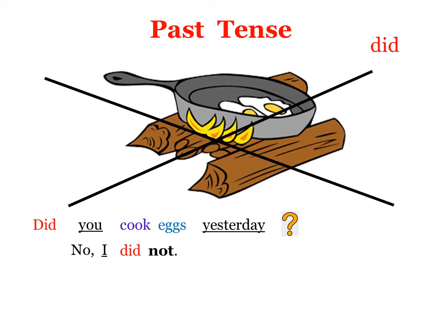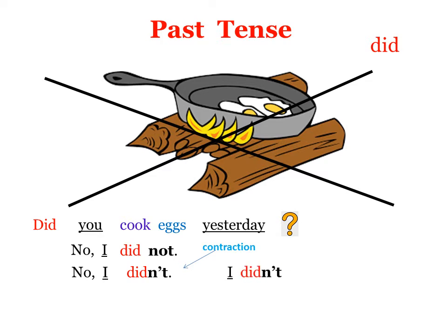Once again, we can use a contraction. We take two words, like did not, and change it to one word, didn't. The contraction is didn't. So we have, no, I didn't.